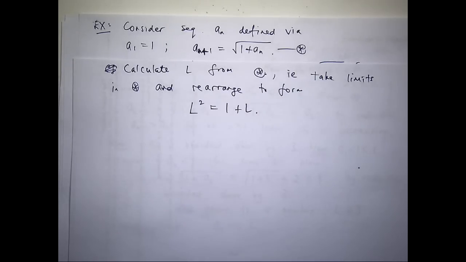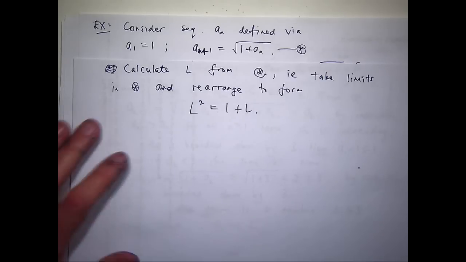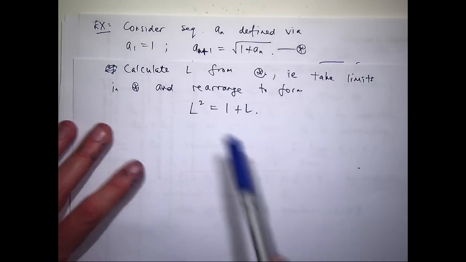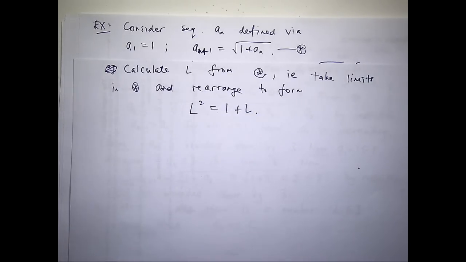Okay? Now, you may be a little bit worried here because by squaring it, I've actually introduced two values of L there. So, as long as we're careful when we solve this quadratic equation, we're going to get two values of L there, but we only want to select the one that we really want. Okay?